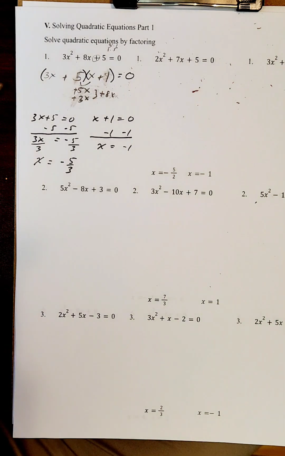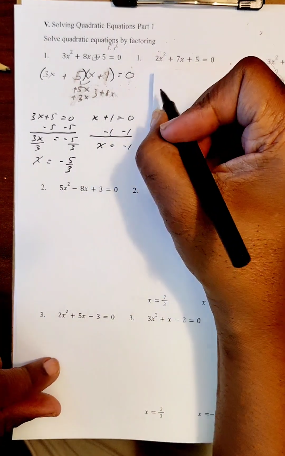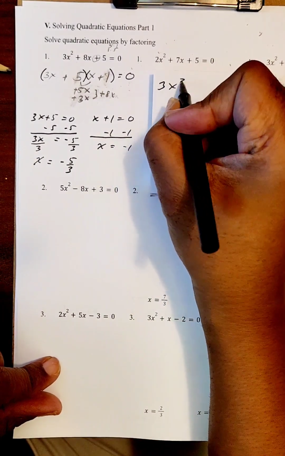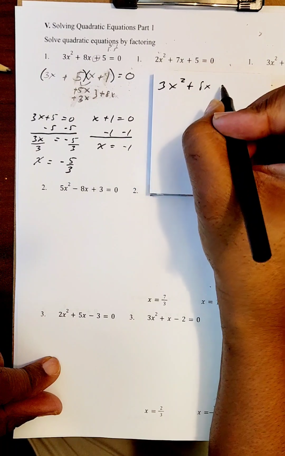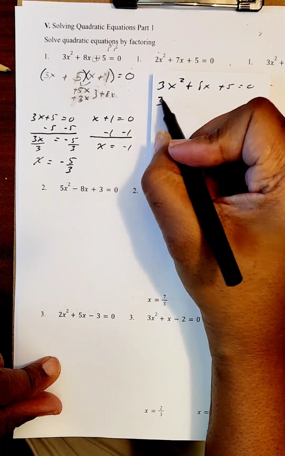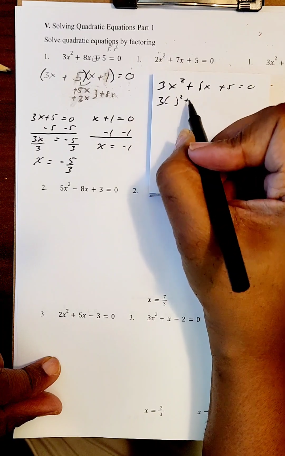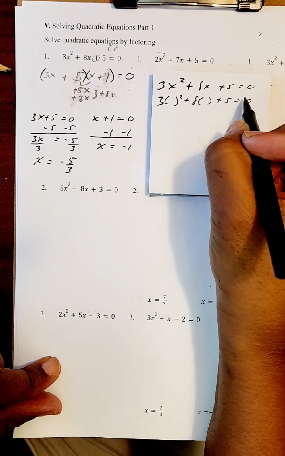And just to show you that these will work, let's plug these into the original equation. 3x squared plus 8x plus 5. Let's see if that really does equal 0. So we'll have 3 parentheses squared plus 8 parentheses plus 5 equals 0.